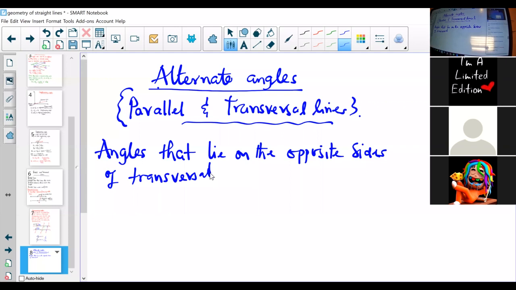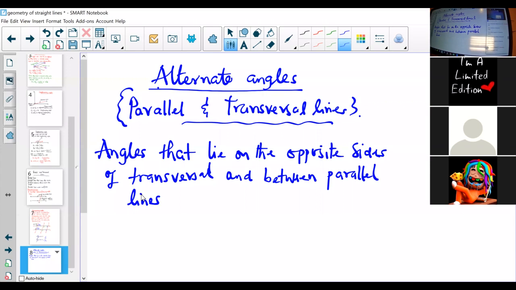This one lies on the opposite side of the transversal and between the parallel lines. Lies on opposite sides and in between parallel lines.